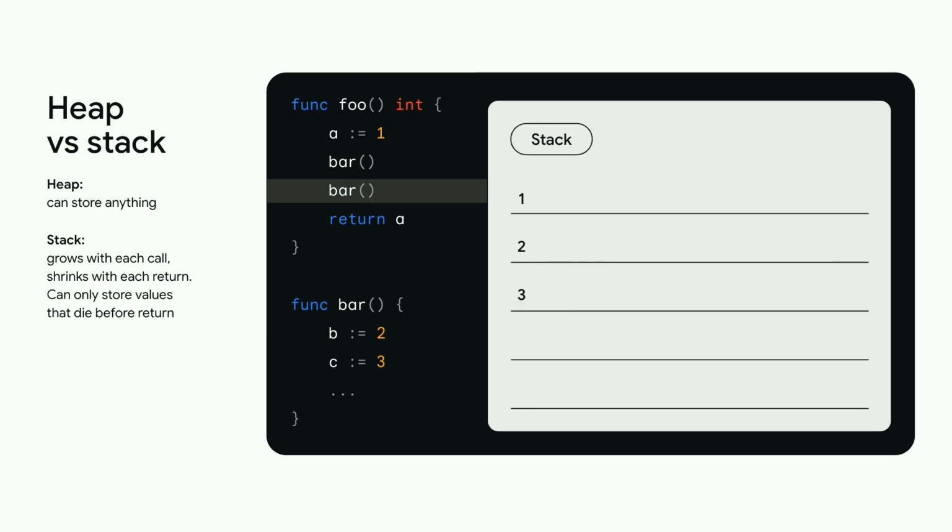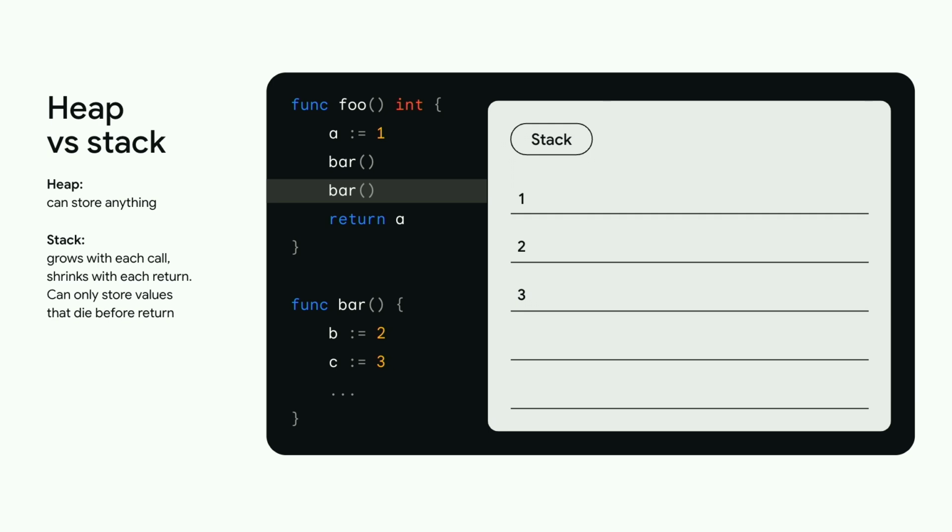And finally, when we call bar again, we once again need space for B and C, and we grow the stack again. And now notice that we've reused the same part of the stack as the previous call, which gives us a really fast reuse of memory that didn't involve the garbage collector.